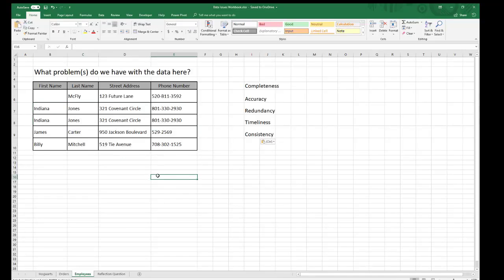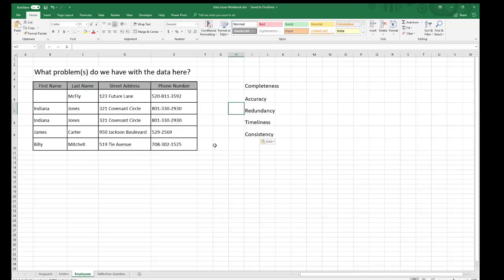We don't have any way of knowing if this is up-to-date information, so we can't determine whether or not we have a timeliness issue. And we don't really have a way to compare 2 things that don't match up, so we don't have any consistency issues either. But we do have missing data, we have data that's not accurate, and we have redundant data.